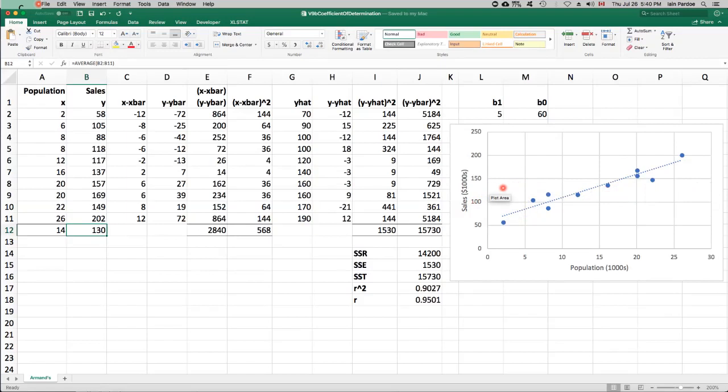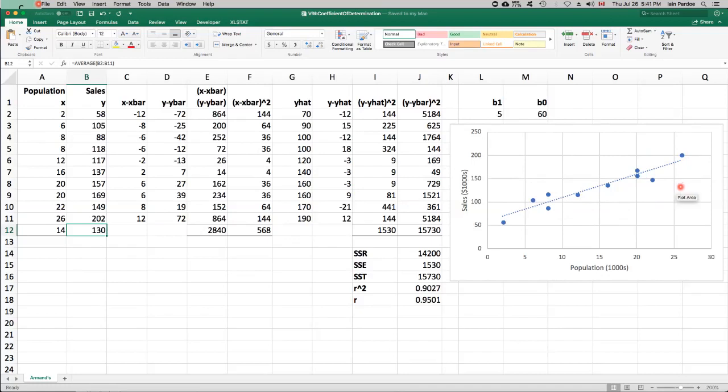Now if I looked at the difference between y and y bar, it would be from here to here, or from here up to here. For this point, it would be this distance, and for this point, this distance, and so on. And then on this side, from here down to 130, that would be y minus y bar.